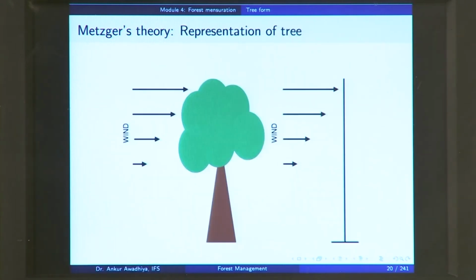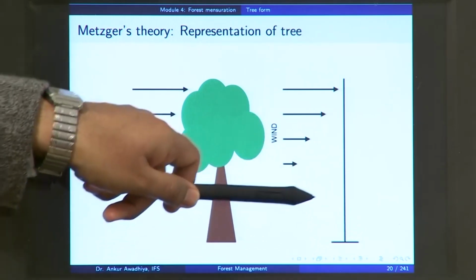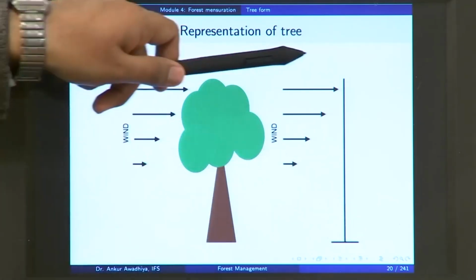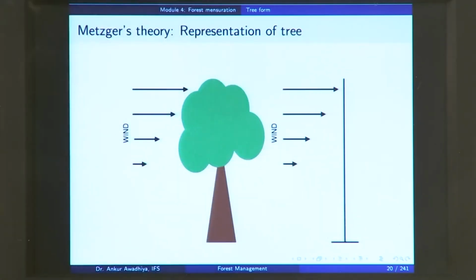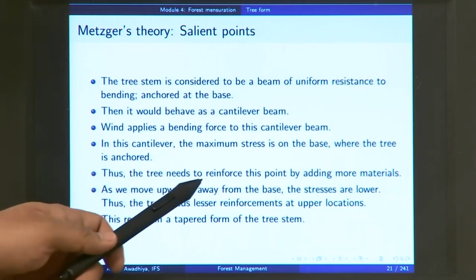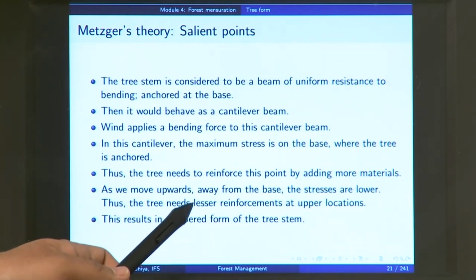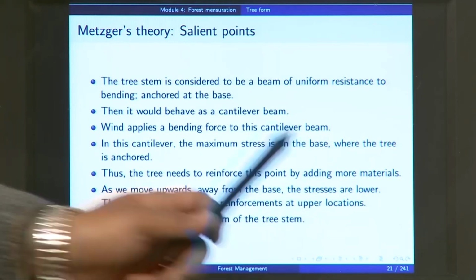So, because the material is uniform and you cannot change it, what you can do is put more material here at the bottom where the stress is more, and you require less material here. So, you deposit less material on the top. Now, as we move upwards away from the base, the stresses are lower and thus the tree needs lesser reinforcement at the upper locations.